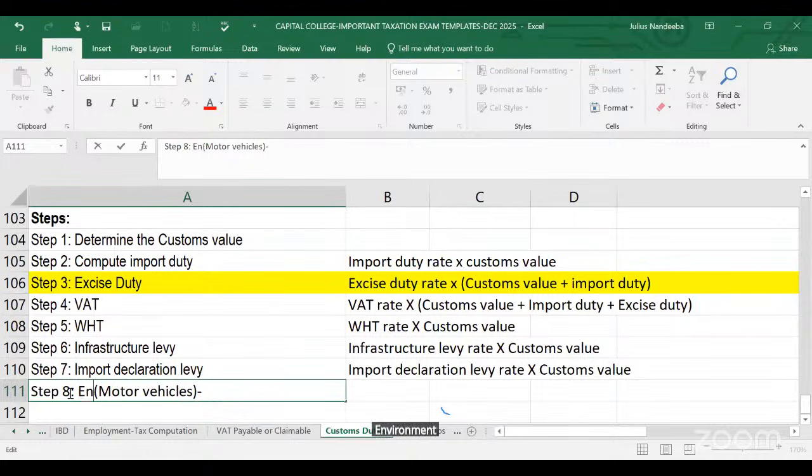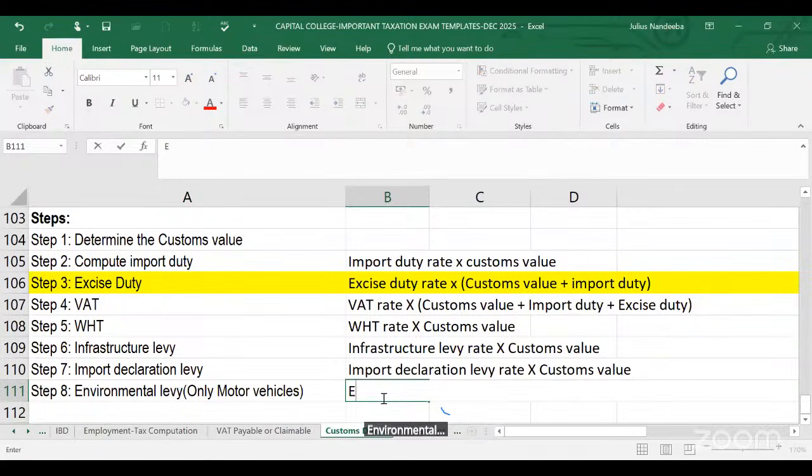Environmental levy, only for motor vehicles. And how do you get that?